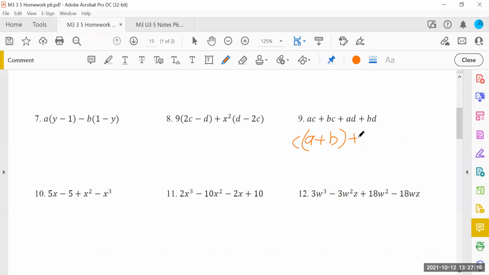Factor out D. Left over, A plus B. And if this is going to work by factoring by grouping, those should match. Those 2 match, A plus B. And we're left with just the C plus D in their own set of parentheses.